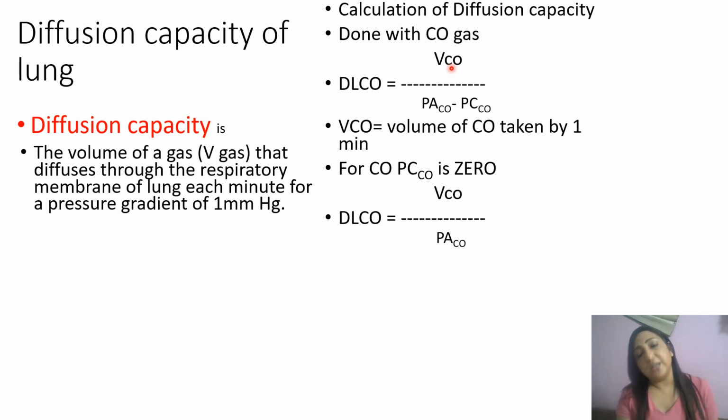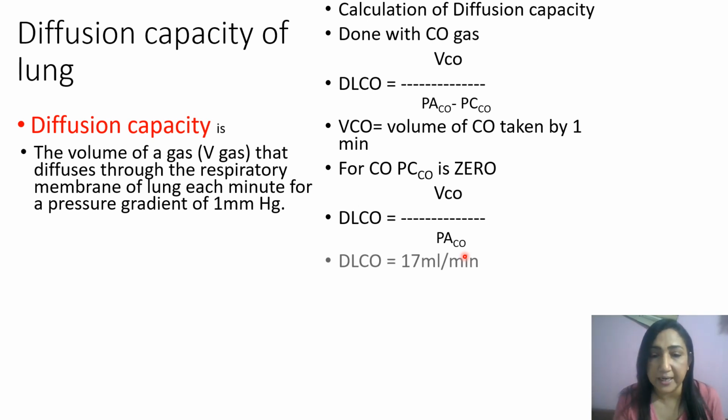Ultimately the calculation comes to the volume of carbon monoxide the person has taken in, and the alveolar carbon monoxide which the person has exhaled, minus how much is taken. So the value of the diffusion capacity of carbon monoxide is 17 milliliter per minute.